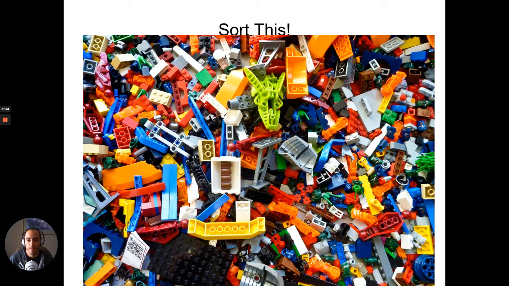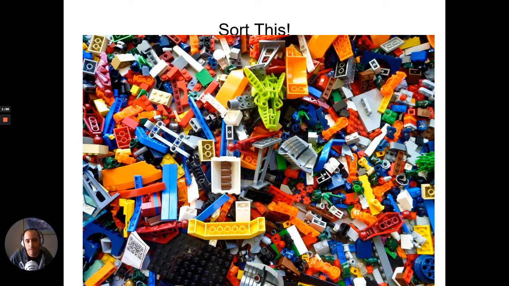There's a number of different strategies that you can use. Some people would prefer to sort their Lego by color. Other people would sort their Lego by the size of the piece, or a combination of the two, or perhaps they'll look at flat pieces and then thicker pieces, or perhaps they'll put all of the weird pieces in one bin and then look at the other pieces in some other way.